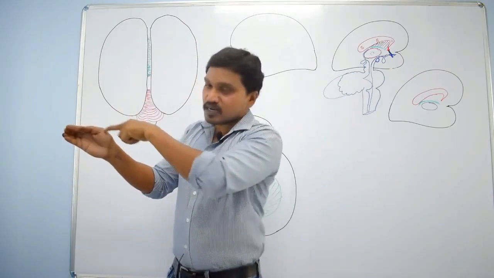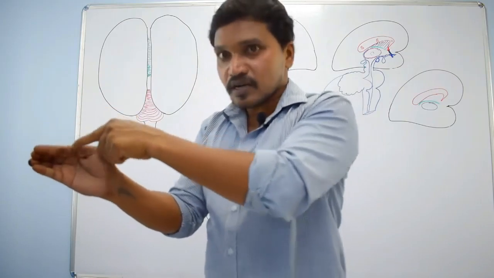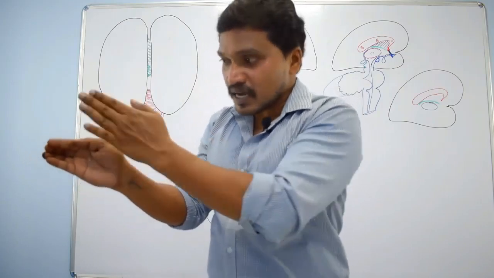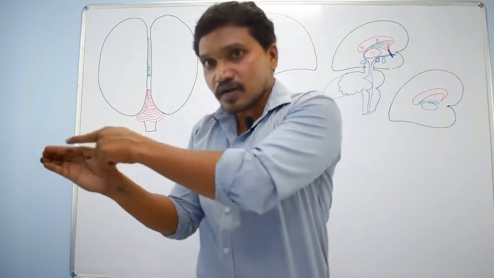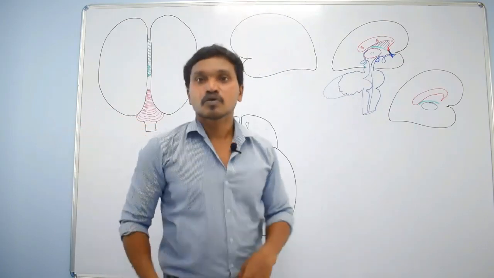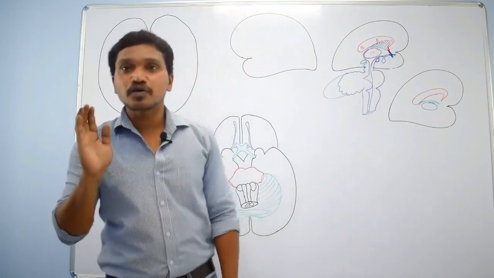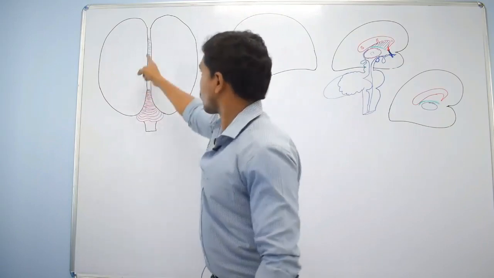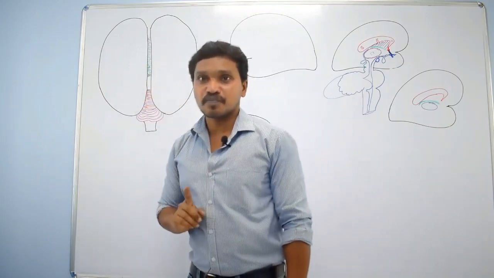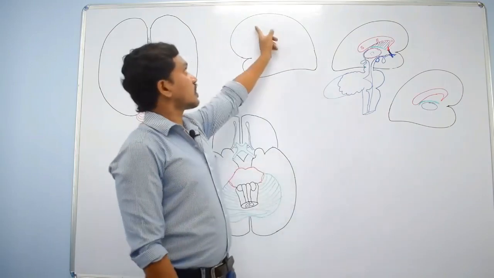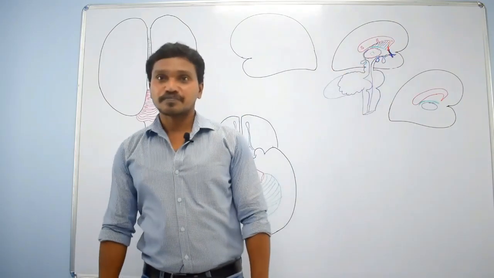This border separates the medial surface from the superior lateral surface. This border we call the superior medial border. So this is only the superior medial border. Here also, this is the superior medial border.